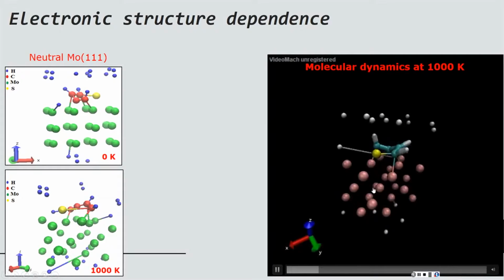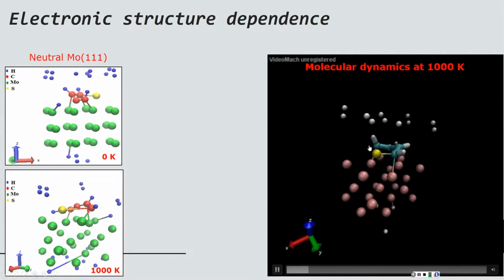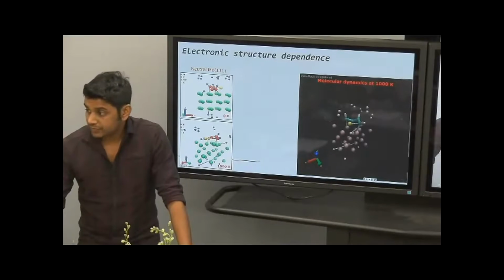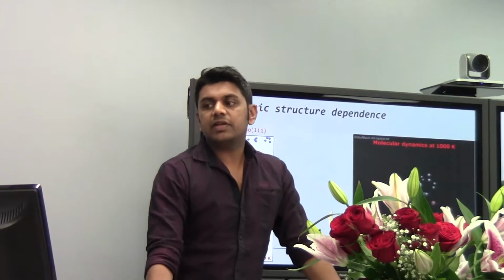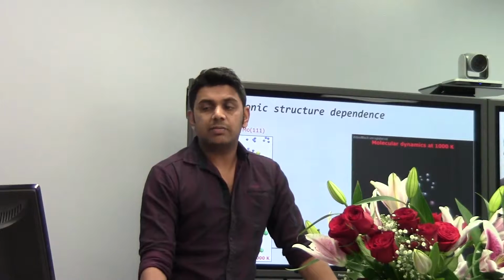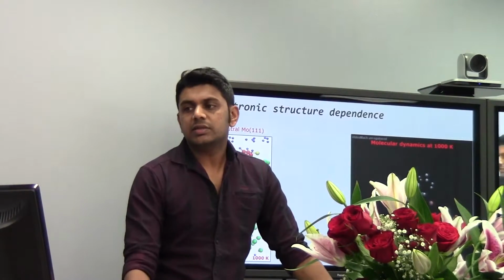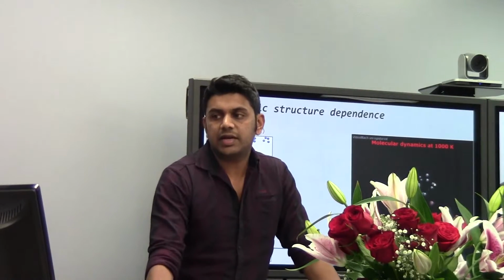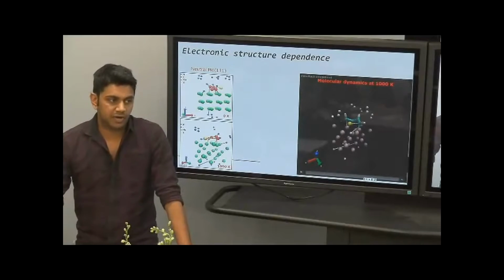This movie illustrates the dynamics of this thiophene molecule adsorbed on the neutral molybdenum surface at 1000 Kelvin. That means this sulfur is not removed from this hydrocarbon, and it is not catalytically active to remove this sulfur contaminant from this hydrocarbon fragment.